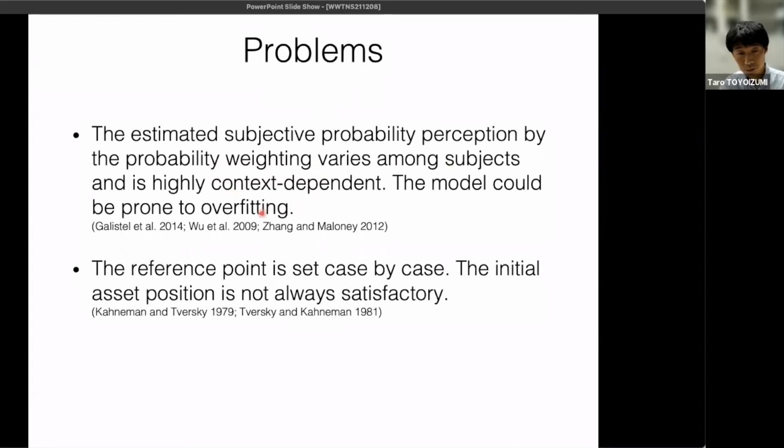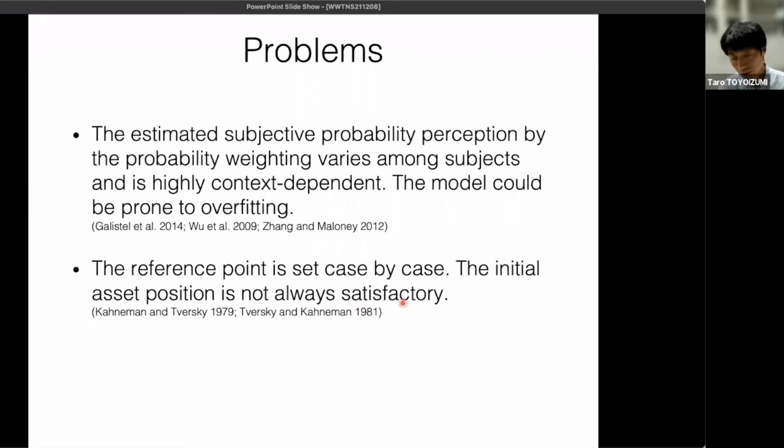The model could be prone to overfitting because to fit the nonlinear function, it could use multiple parameters. The second point is that the reference point is not well defined and is set case by case. The initial asset position sometimes works, but not always. So in some cases, the reference point needs to be adjusted.